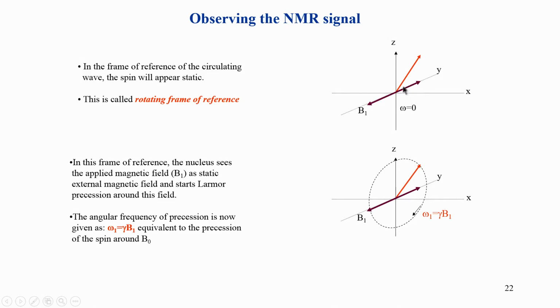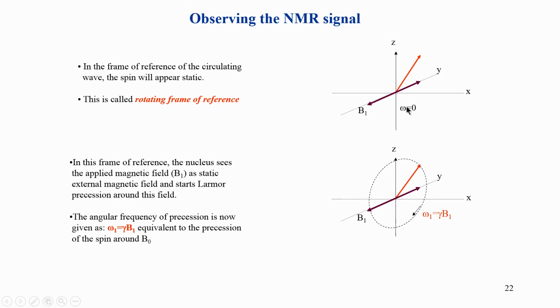So, under such conditions, when you go into a virtual frame, a new frame of reference, the spin is now static because it has the same angular frequency as the magnetic field rotating in the xy plane. The spin now starts precessing around B1, again a Larmor precession, whereas in the previous case it was around B0 in the z direction.